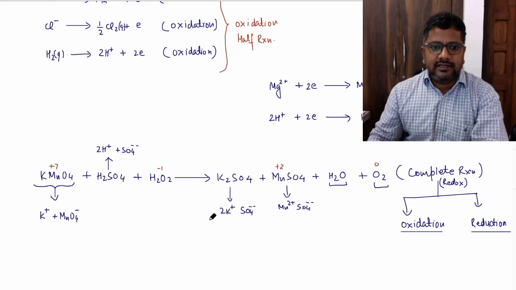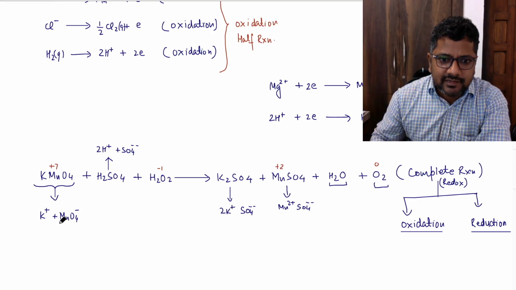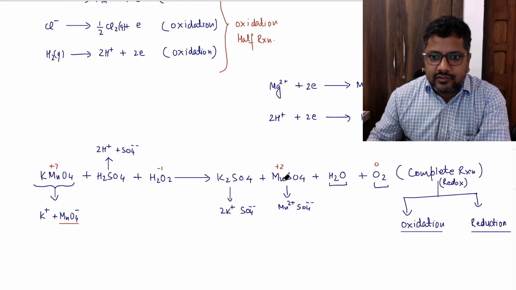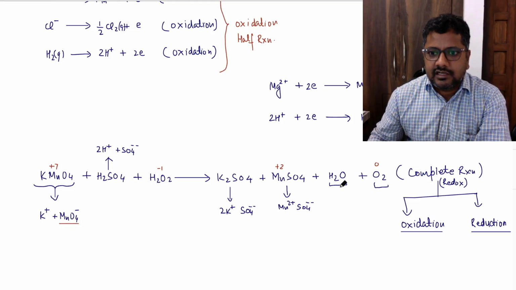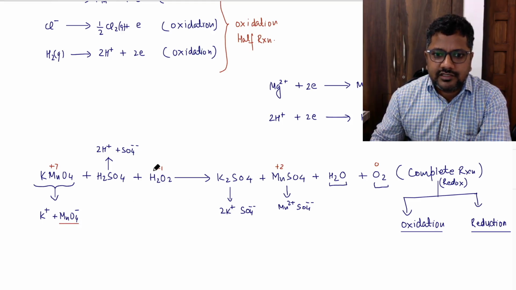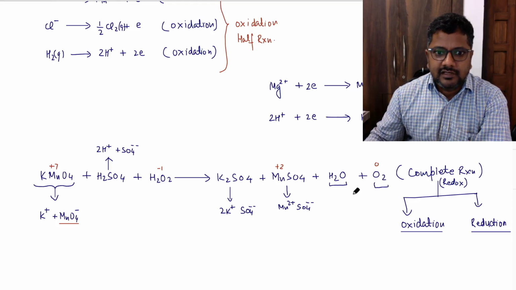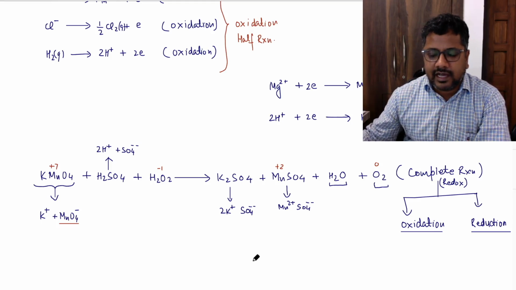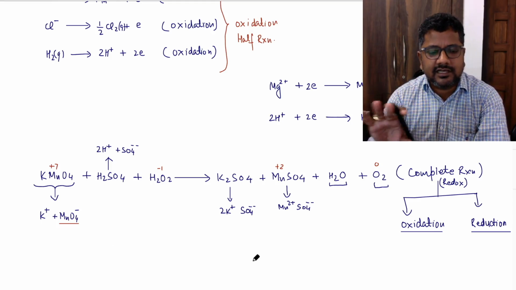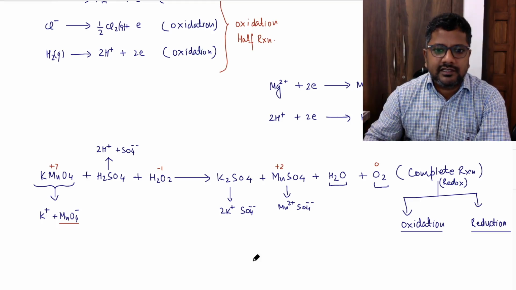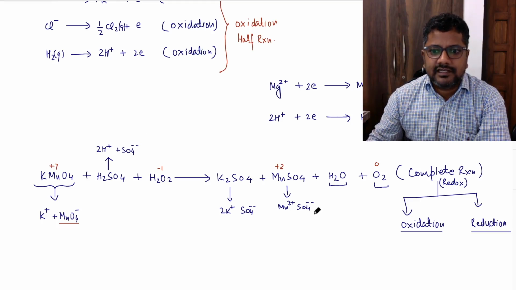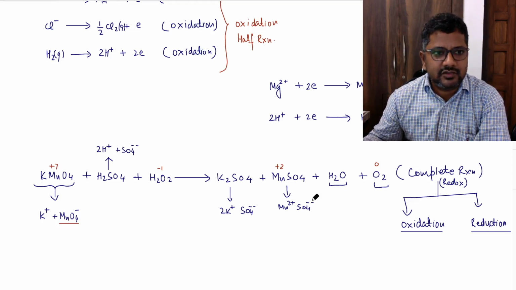So you can say that Mn in MnO4 minus is reduced to Mn2 plus and oxygen in H2O2 is oxidized to O2. And the rest of the ions are spectator ions in this reaction. There is no change with respect to them. See, sulfate is on the left hand side, sulfate on the right hand side, as there is no change. So this is a spectator ion.